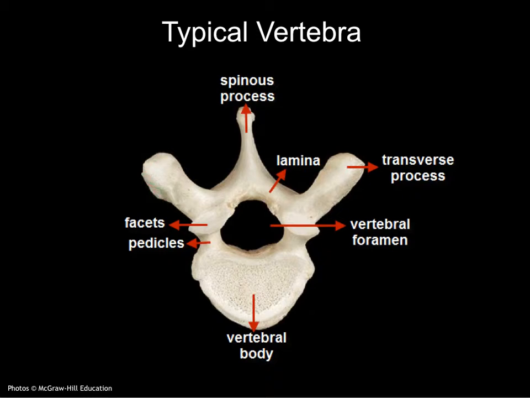On cervical vertebrae, there are transverse foramen, which are smaller foramen off to the sides. And here we see the spinous process, which sticks out the back. We have articulatory facets, superior and inferior, and of course the vertebral body.